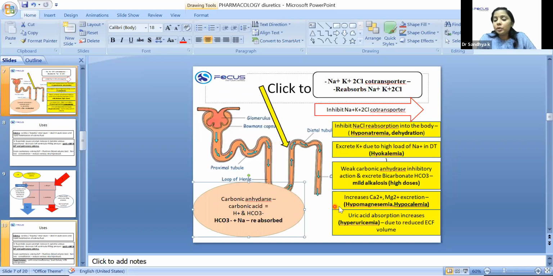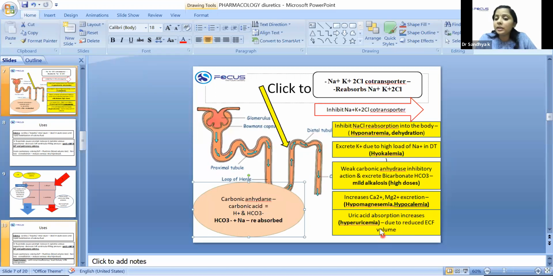So furosemide will reduce the amount of sodium, potassium, calcium, magnesium, everything. The only exception is uric acid. Why is there hyperuricemia? The action of furosemide is to remove sodium and excess water from the body. Because of removing excess water, the extracellular fluid volume will be reduced.